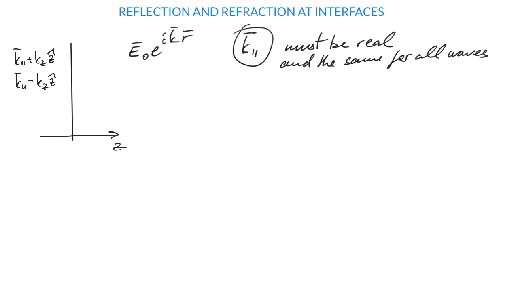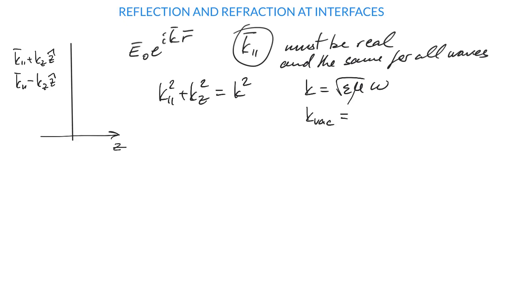Here, k parallel must be real, but kz could be real or imaginary. In addition, we know that k parallel squared plus kz squared must be equal to the square of the wave number. Now, to remind, the wave number is related to the frequency as square root of epsilon mu times omega. In vacuum, epsilon and mu would be replaced by epsilon naught mu naught.